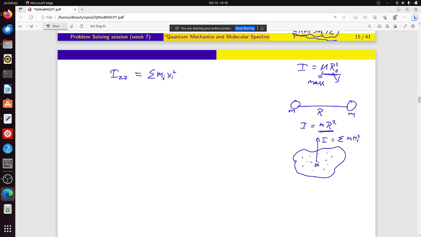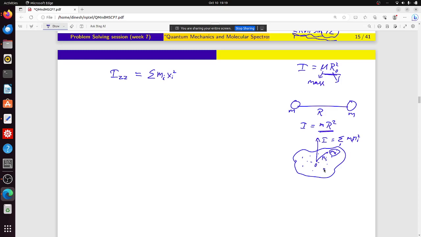Let's say this is the reference point and there is a mass Mi here and this is Ri, the distance. Then the moment of inertia contribution due to this mass at this point will be Mi Ri squared.